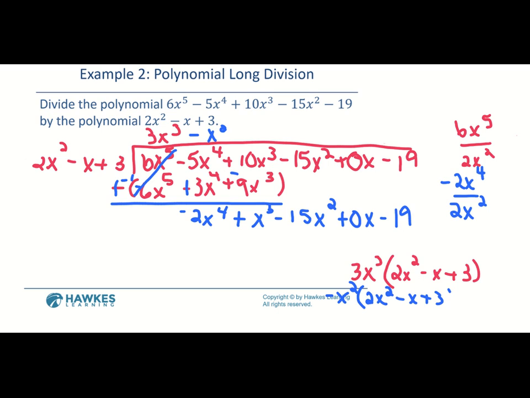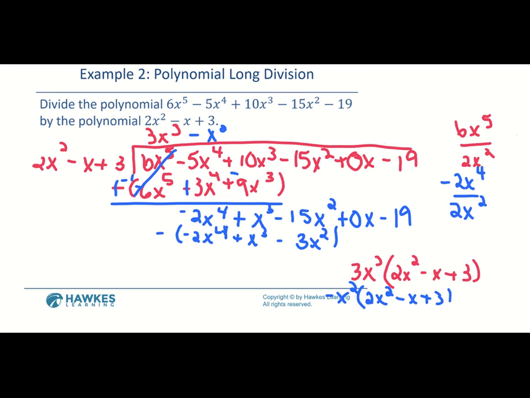And that's going to give me negative 2x to the 4th plus x cubed, because two negatives make a positive, minus 3x squared.